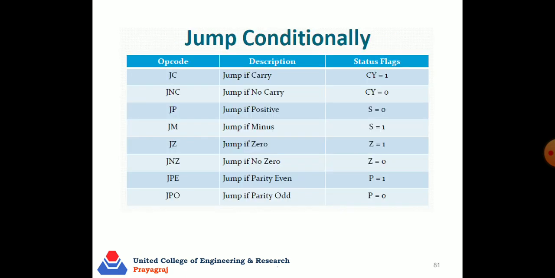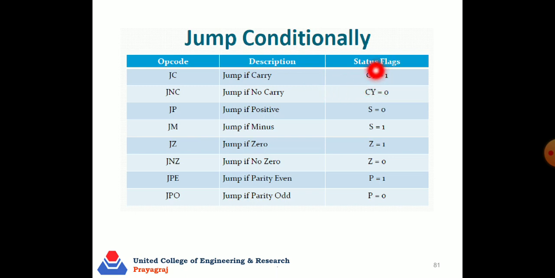So these are the conditions. The first is JC. The full form of JC is jump if carry, and here it is an opcode, and the operand is, as usual, a 16-bit address. So it checks the carry flag.